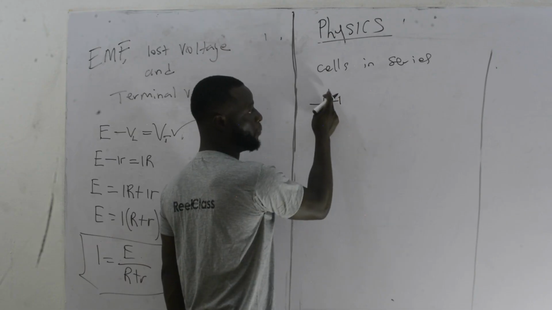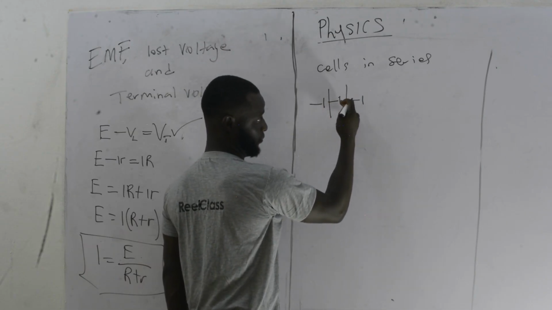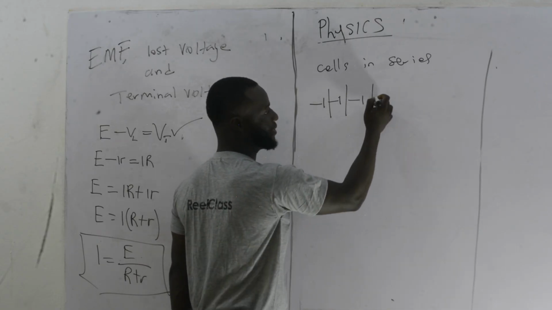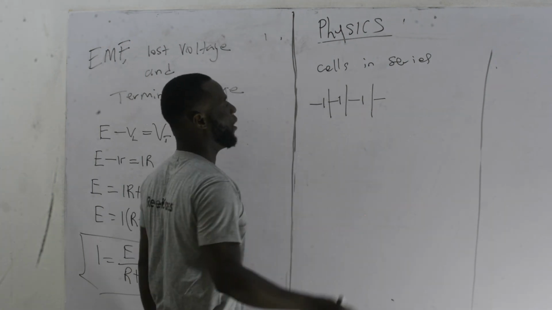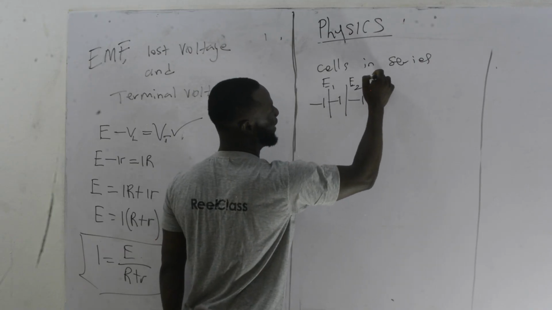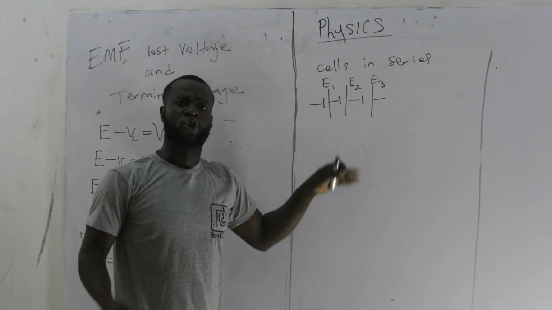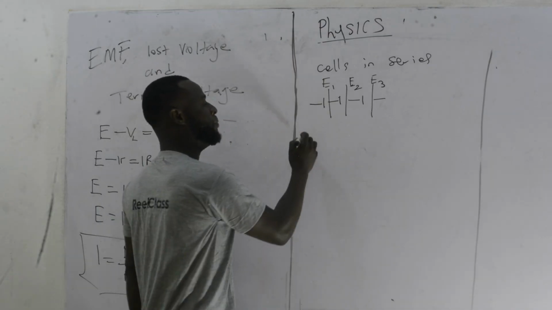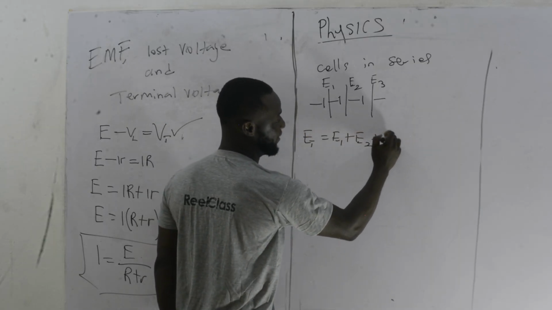The positive terminal is connected to a negative terminal, and then I have the positive terminal of that same cell connected to the negative terminal of the other cell, and so on and so forth. This is series arrangement. Now, there are three cells here: E1, E2, and E3. If I connect them in series, the total EMF of the cells combined is the summation of their individual EMF. So my total EMF, E total, will be equal to E1 plus E2 plus E3.